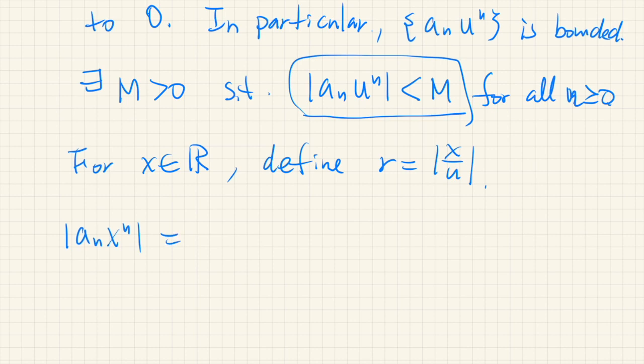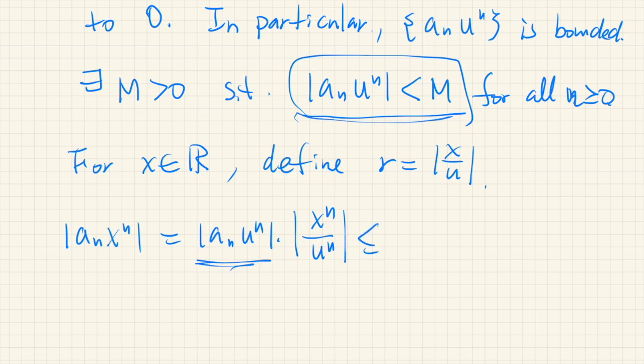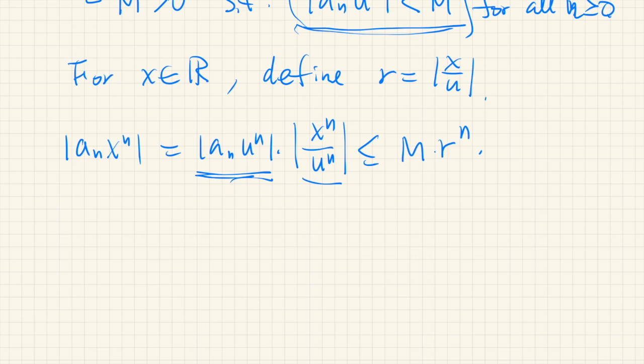Each term in the power series is bounded. So the absolute value of a_n x^n is equal to a_n u^n times x^n over u^n. Since a_n u^n is bounded here, this is less than or equal to M times r to the power of n. So each term of the power series is bounded above by this quantity.